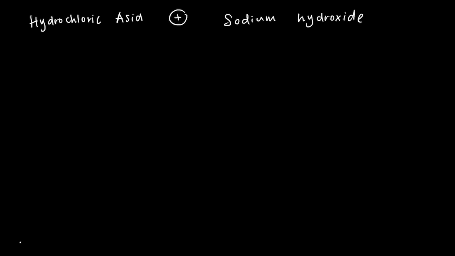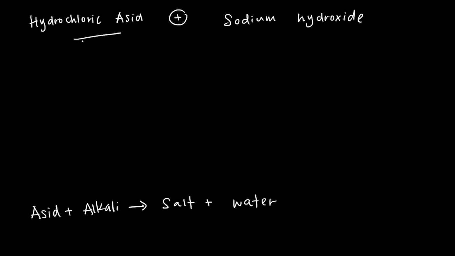So from the equation we saw in front, an acid reacting with alkali will produce salt plus water. So hydrochloric acid is an acid, while sodium hydroxide actually is an alkali.